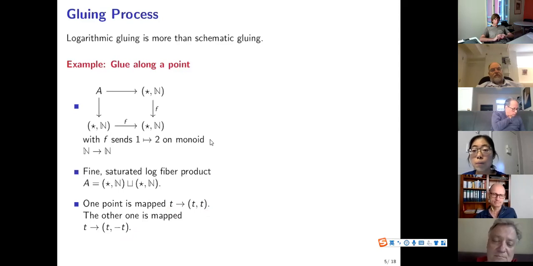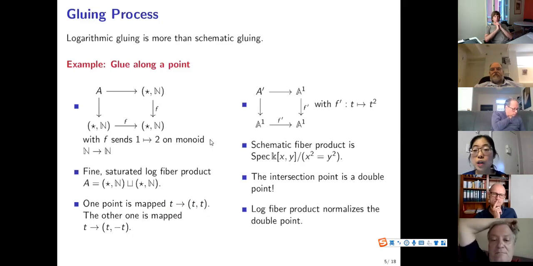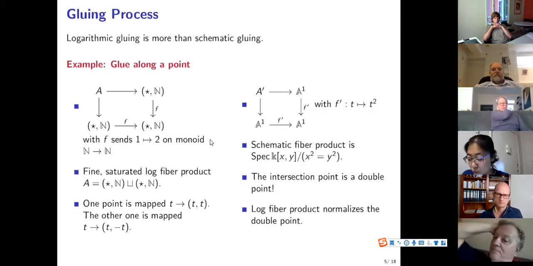Okay. So why does this occur? The reason is the additional log structure. Actually, we can feel it as remembering a normal bundle of that point, a line bundle of that point. So if we go back and embed this point onto a line, multiplying by 2 on the monoids corresponds to sending this line by taking a square, so T maps to T squared.